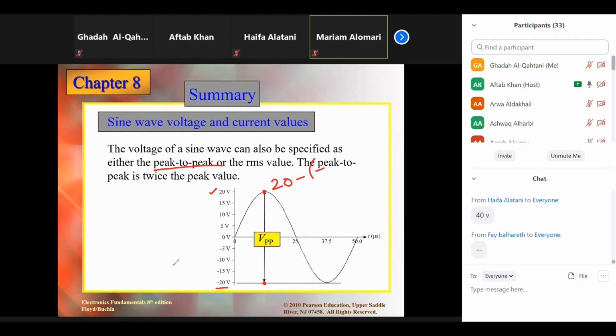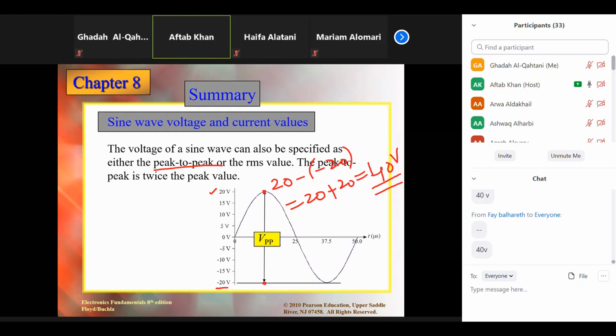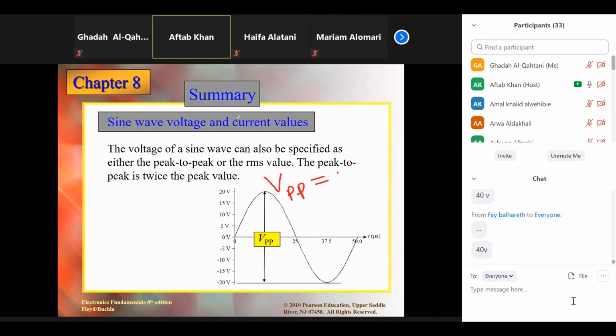So 20 plus 20 is equal to 40 volts. So peak to peak is basically the value from one peak to the other peak. Can I say that peak to peak, VPP, is equal to twice the VP? Is it the same or not?